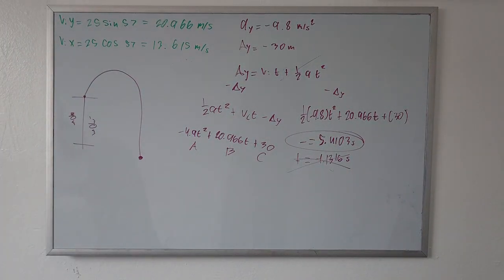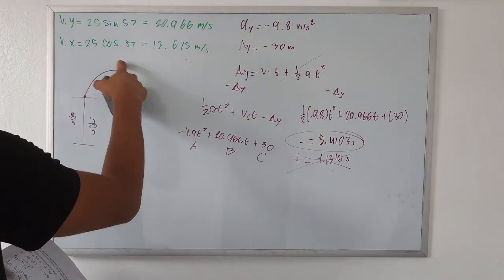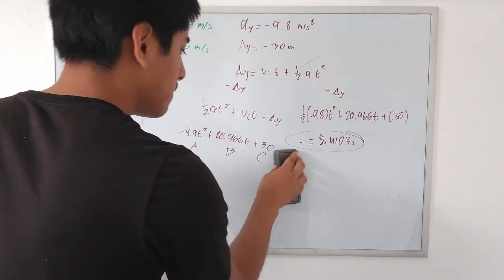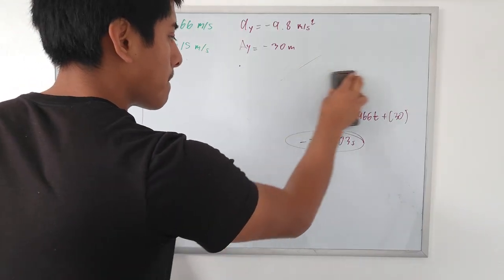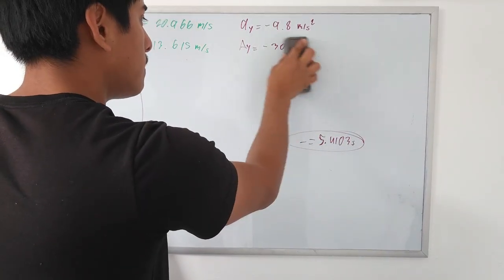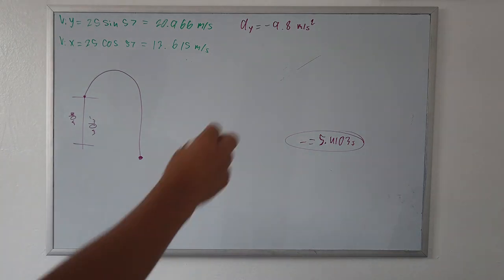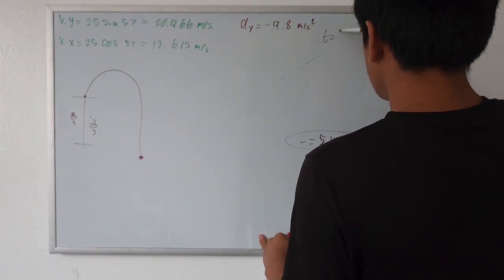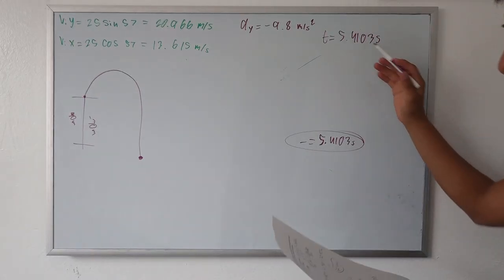That's going to be the total time that the object is in the air, because this is how long it takes to go from up there all the way down here. We're going to save that time because we're going to need it for the next problem. So the time is equal to 5.4103 seconds.